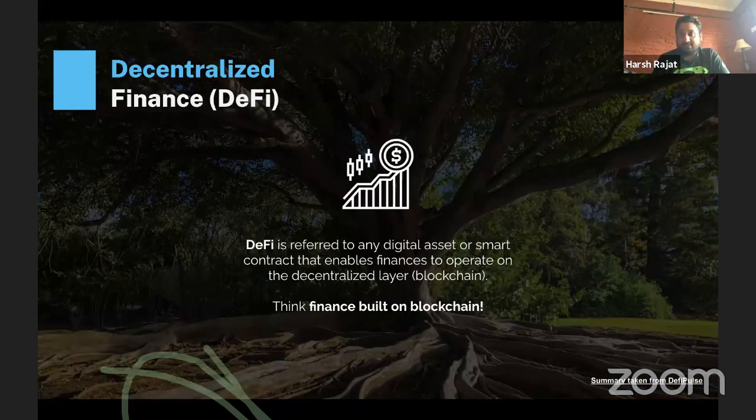Let's jump to DeFi, or decentralized finance. Again, it's very simple. People might make it sound like rocket science, but decentralized finance is actually in the name. Finance on blockchain is basically decentralized finance.